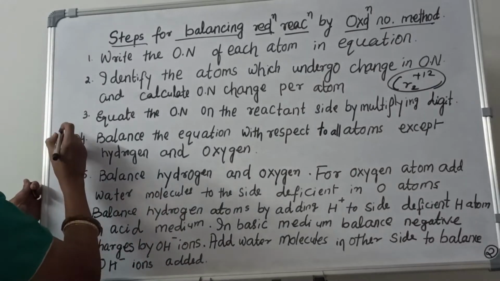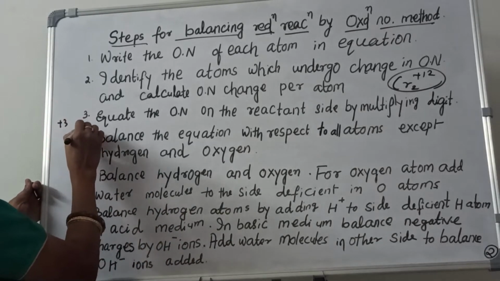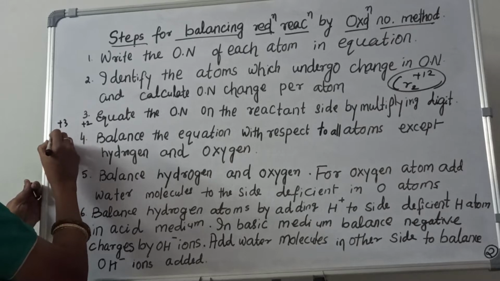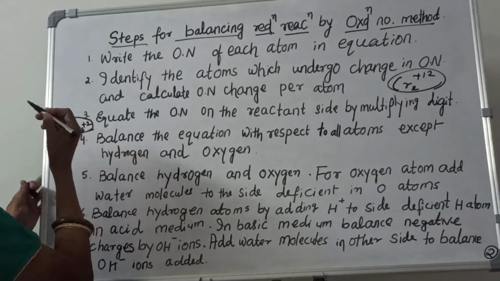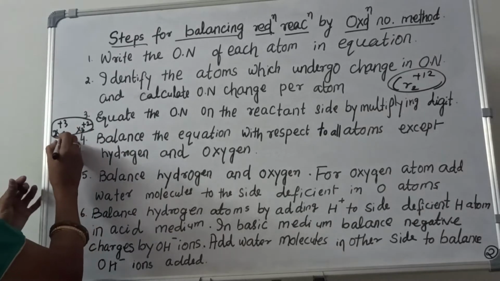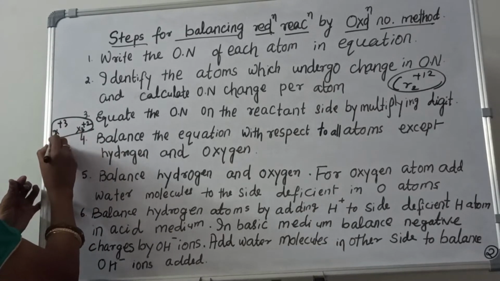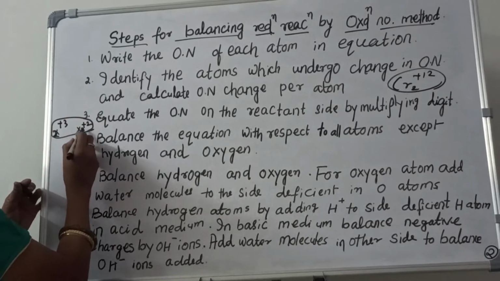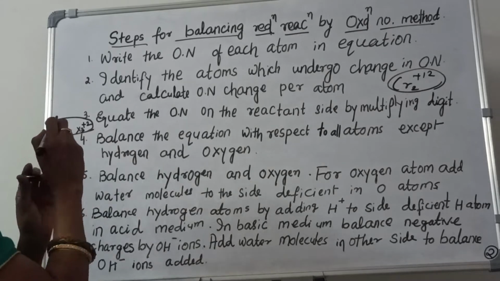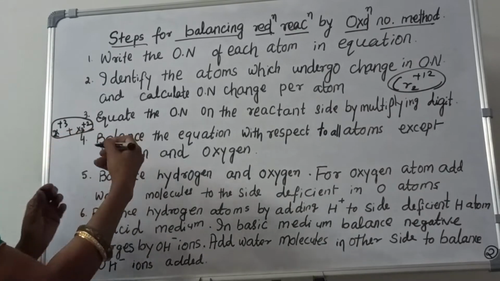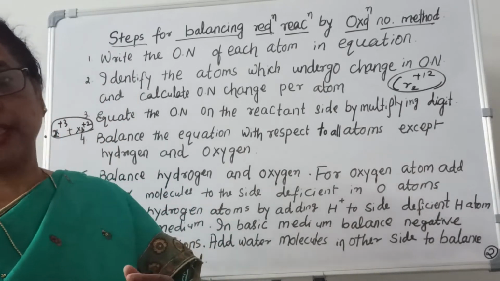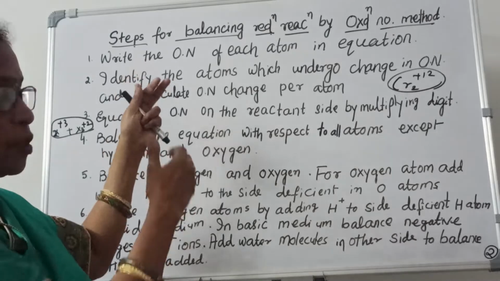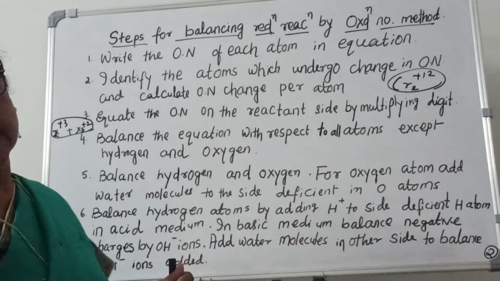That means it becomes 6. So if it is plus 3, you multiply by 2, a small digit, and if it is plus 2, you multiply by 3. You will do it like this when we work through examples of different redox reactions by the oxidation number method, step by step, and it is easy then.